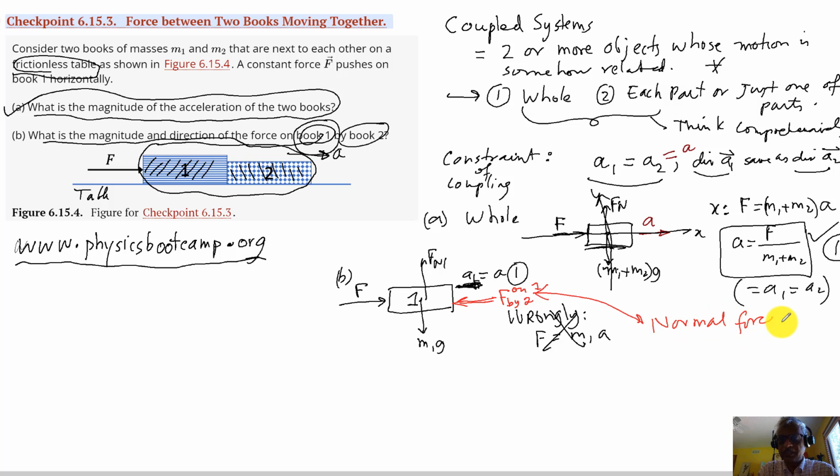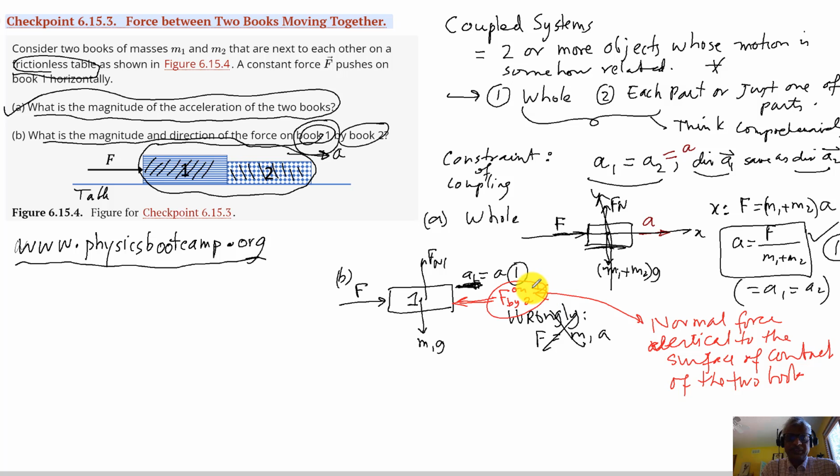Normal force, perpendicular to the surface of contact of the two books. So now that we've set this up, and this is the force we want to find, we set up x and y again, and the y direction we don't need.